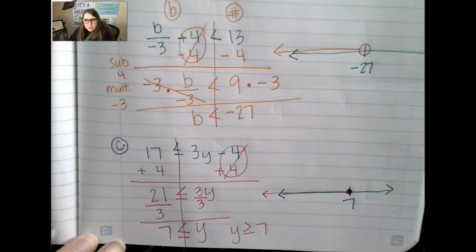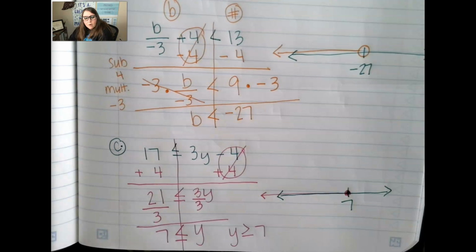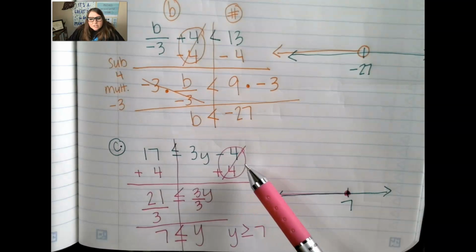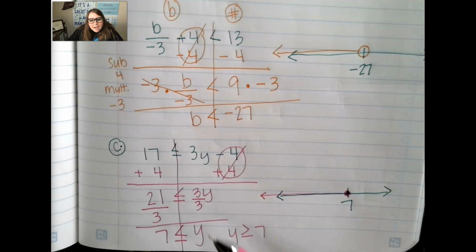And we have it graphed. The graphing has not changed. The graphing is still the same. The only thing that we're adding on today is that you have an extra step to do before you isolate that variable.